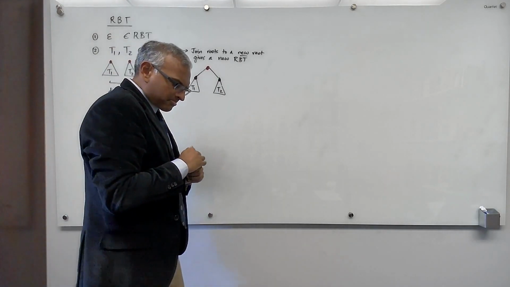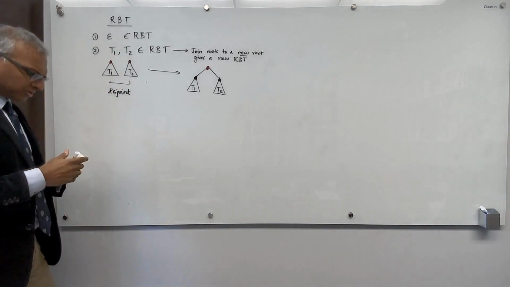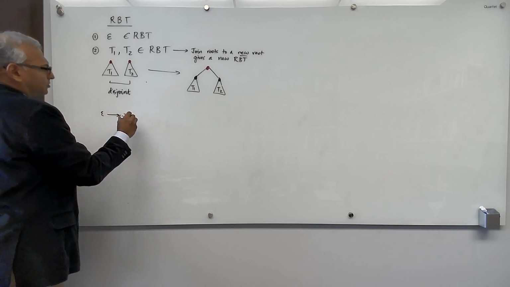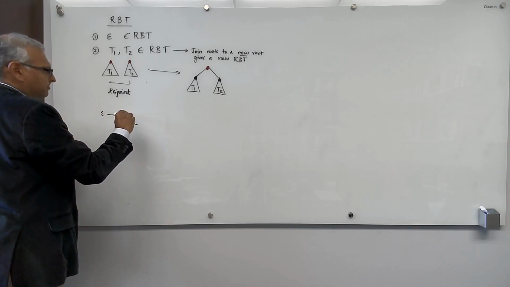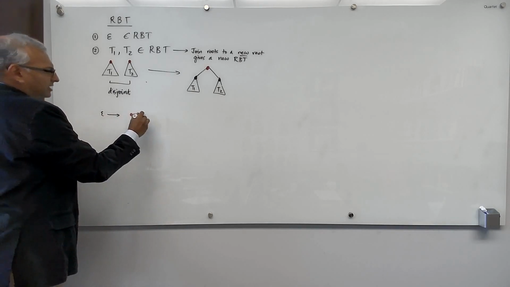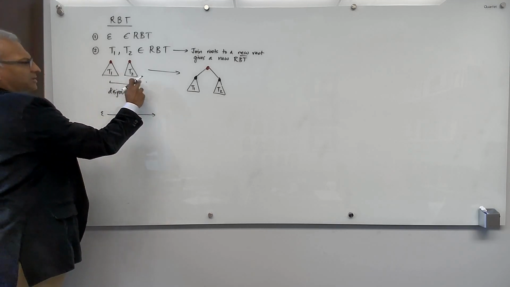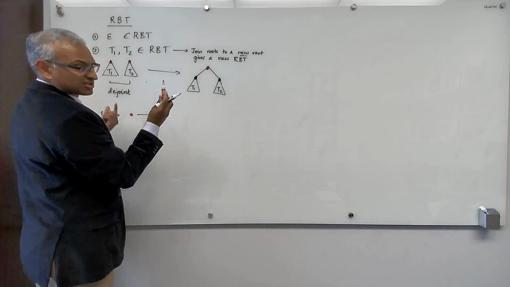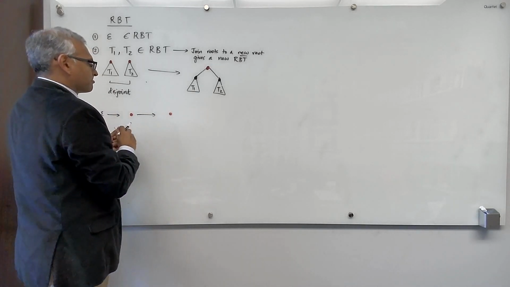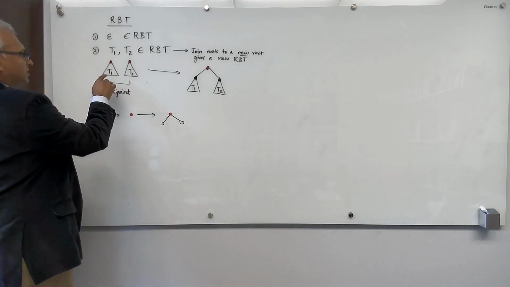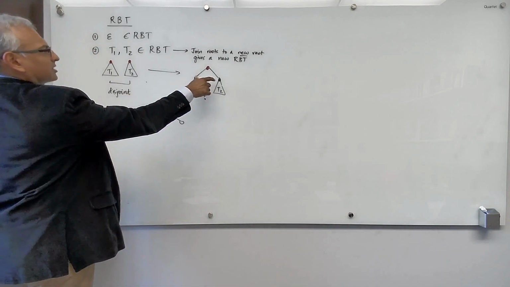Now let's have a look at some trees. We've got epsilon, the empty tree. This can give you just a root. From this root, we can add T1 and T2. You put this as T1, this as T2, and connect them to a new root.